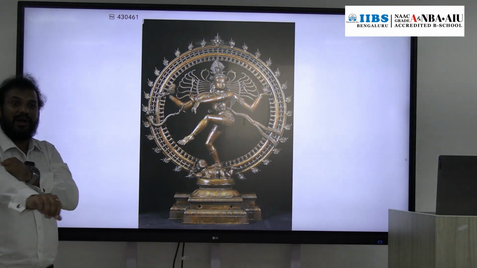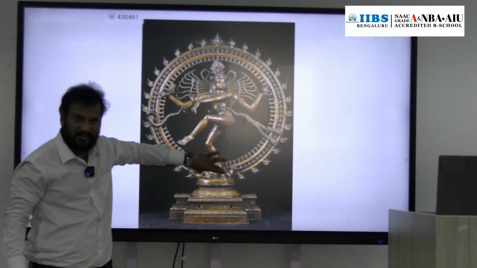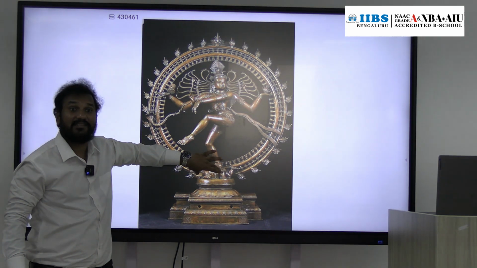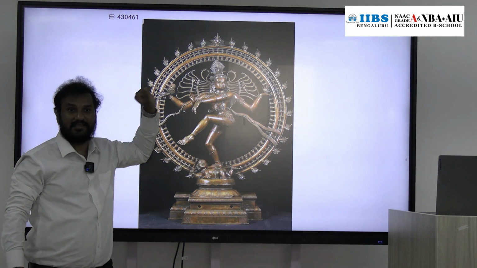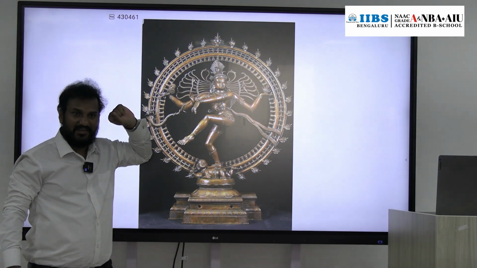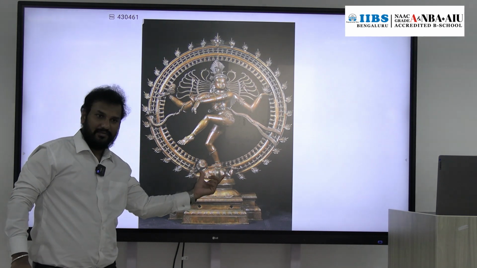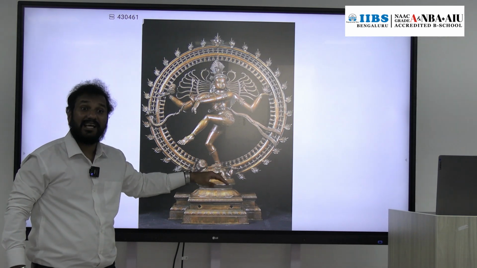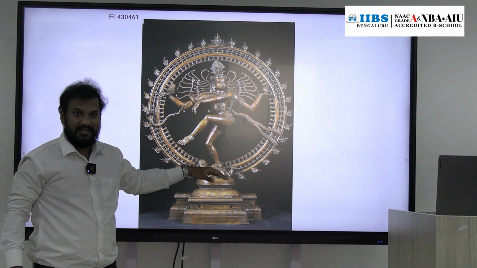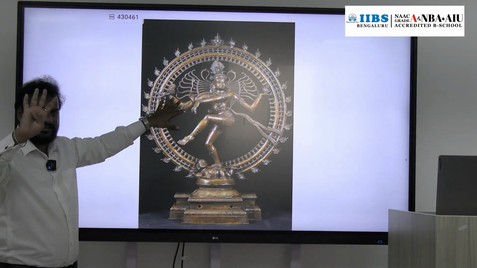So Shiva is dancing on a dwarf, which signifies ignorance. This sculpture has a significance which is very important from the UPSC point of view. The dwarf on which Shiva is dancing signifies ignorance. Then Shiva has 4 hands.